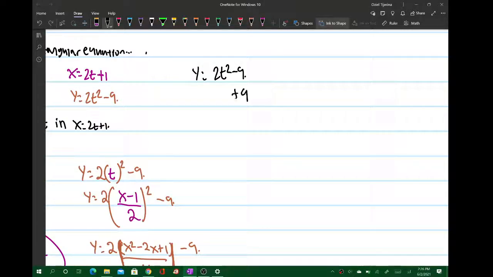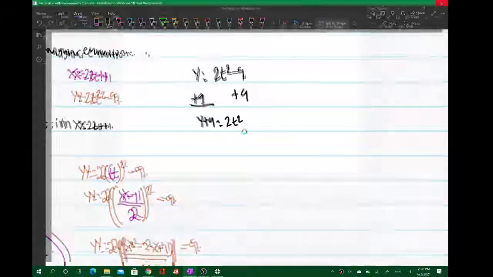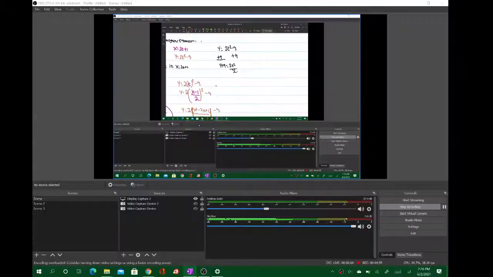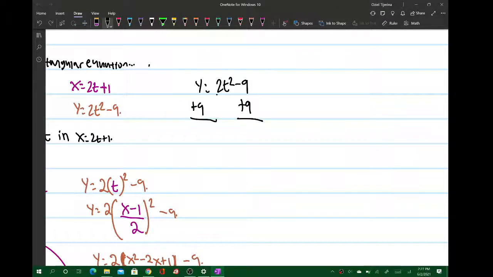I can solve this for t, so y plus 9 equals 2t squared. I can add 9 to both sides and divide by 2, and then I say t squared equals y plus 9 all over 2. Take the square root of both sides.